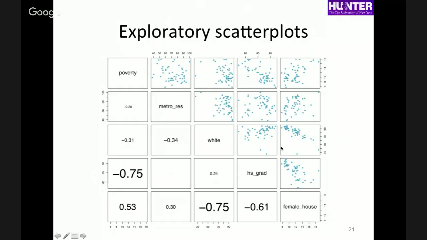And you can also look at other pairs. For example, percentage of high school grads and female heads of household, we've got a pretty good negative correlation. And I'm going to define this later, but that's what we call collinearity among our predictors.